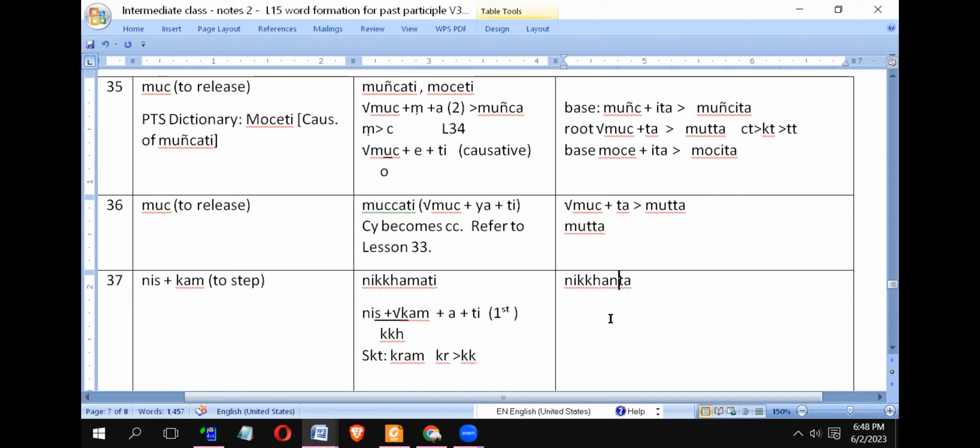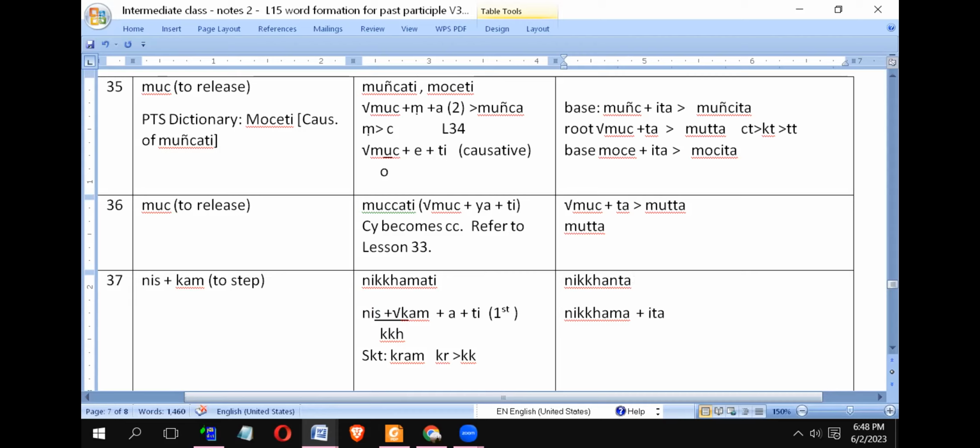So, okay. Next, this one is easy. How do you get this one? The past participle? Past first. Nikanta. I think Nikama. Nikama is the base. Kama is the base. Then plus ita. Do you need the I here? I think you need the ita.